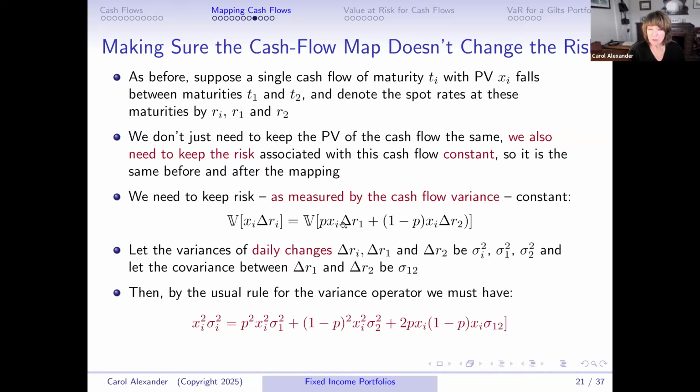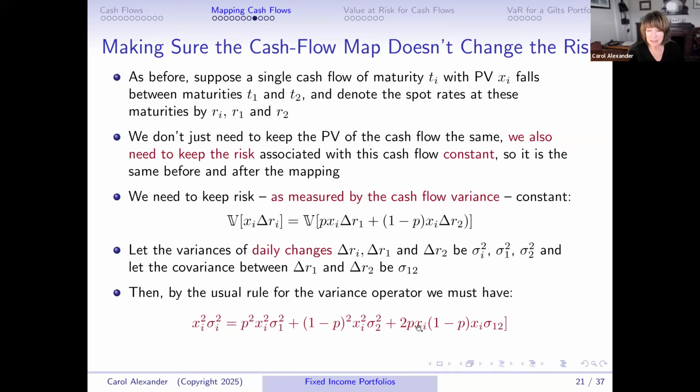But also, because we've got the variance of a sum, we need to know the covariance between delta R1 and delta R2, and we're going to call that sigma 1,2. So applying the usual rule for the variance operator, we've got P squared Xi squared sigma 1 squared plus (1 minus P) squared Xi squared sigma 2 squared plus 2 times the product of the coefficients, 2AB, right?